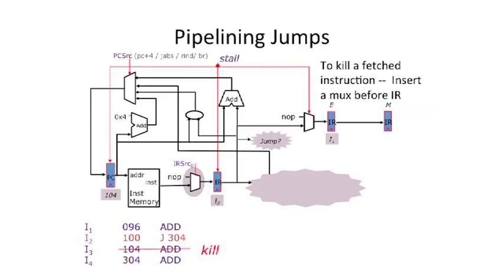And if we have a jump that gets to the decode stage of the pipe, we're going to wire back in and say, oh, that instruction we just fetched, this one here, it's not actually supposed to go down the pipe. We should kill it. So we're going to swing this mux, and right at the end of the cycle, we're going to say, no, it's actually a no-op. We're going to insert into the pipe, and we're going to redirect this multiplexer here to the actual jump location.